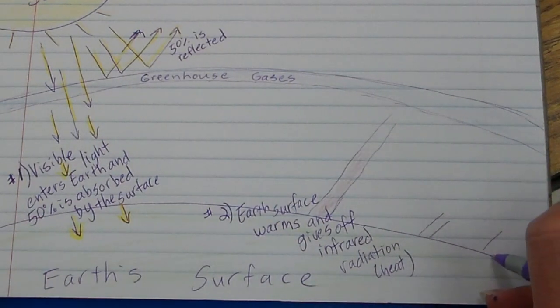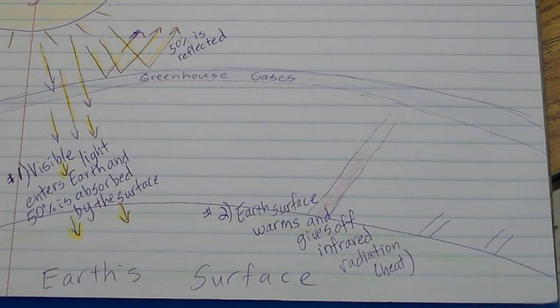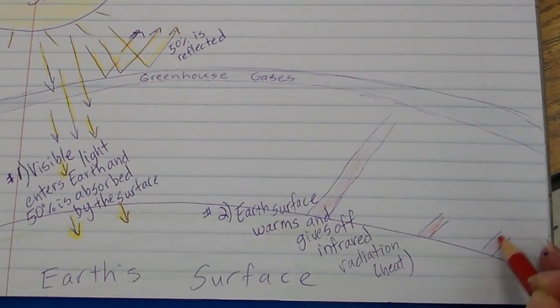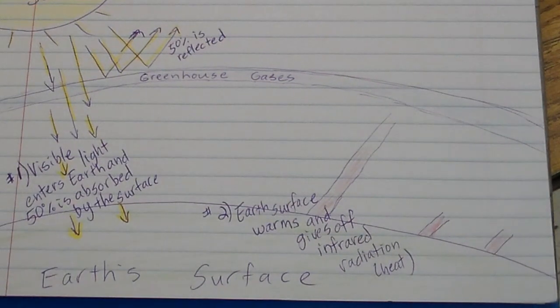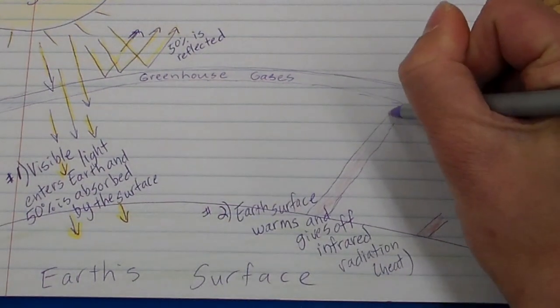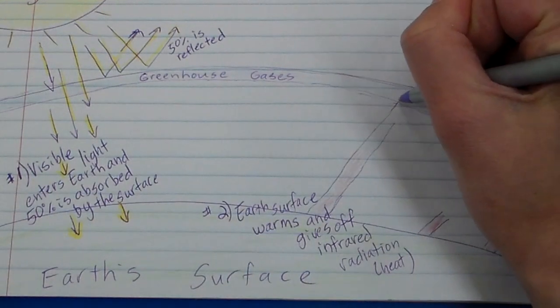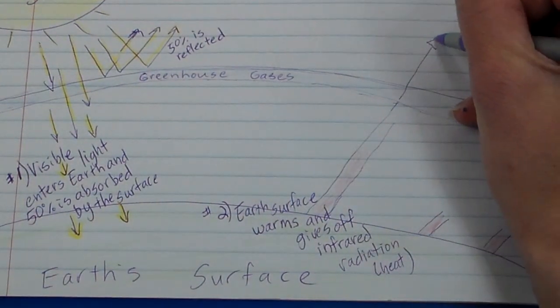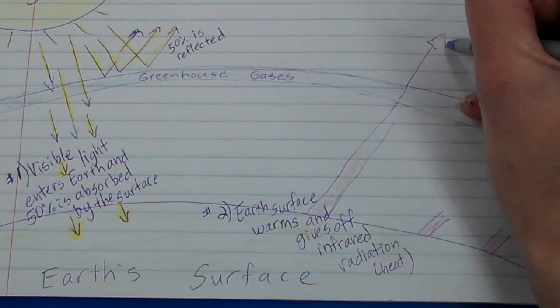This infrared radiation is going to come rising off the ground. The reason why I stopped my arrow there is we have these greenhouse gases. Some of that infrared radiation will definitely go out into space.